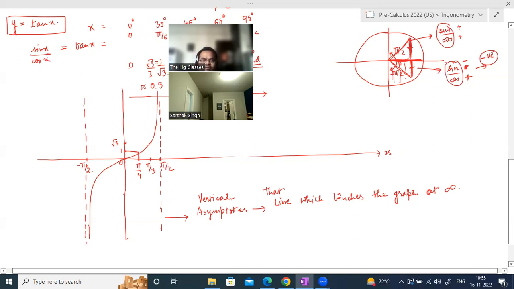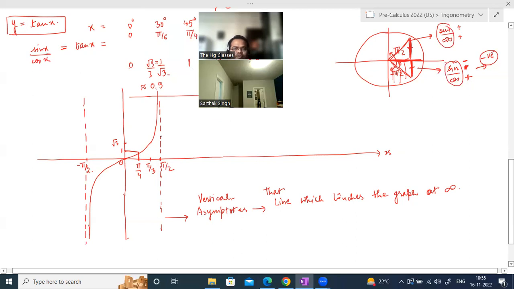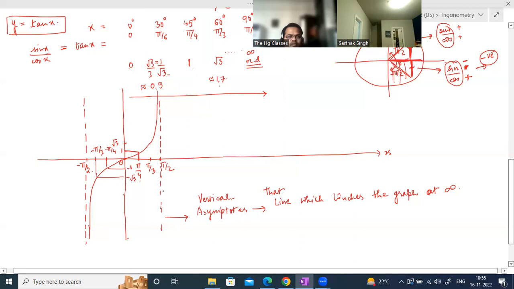So that is why we will get exactly the same answers for negative angles, but with an opposite sign. So if I have here an angle negative pi by 3, what will be its value? Negative root 3. If I have an angle here, which is negative pi by 4, what will be its value? Negative 1, right? So this is the behavior in between minus pi by 2 and pi by 2.